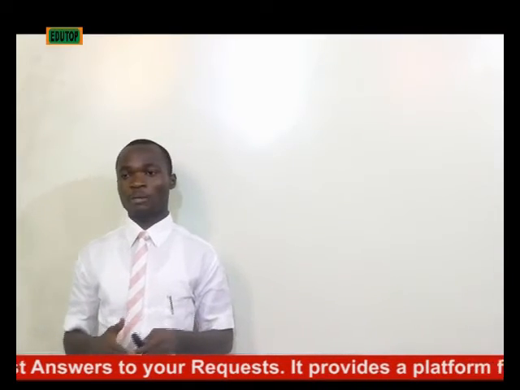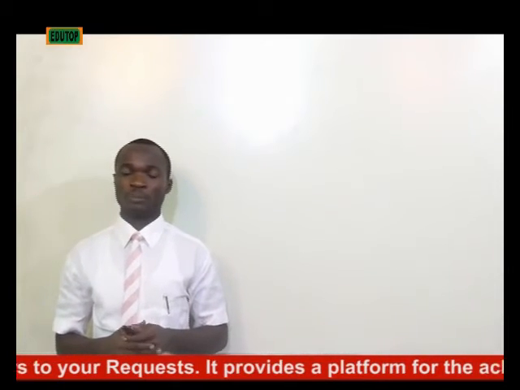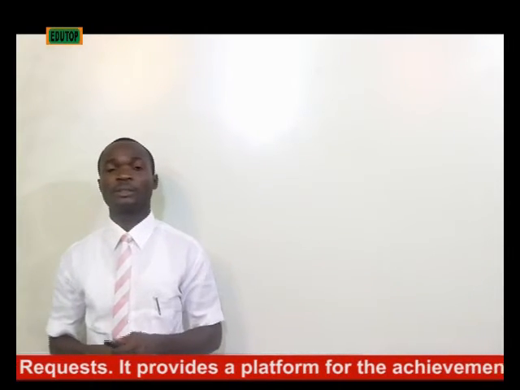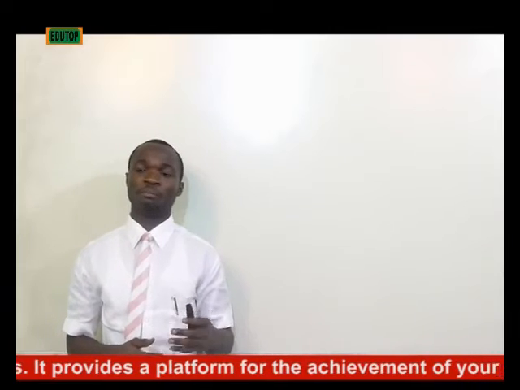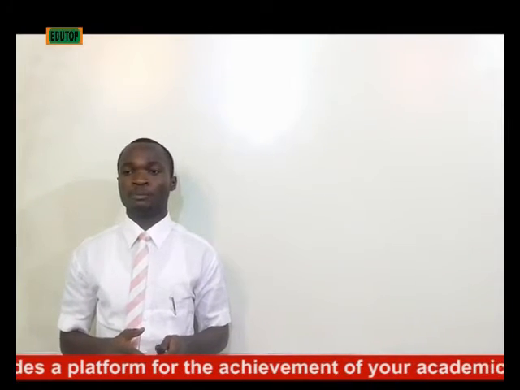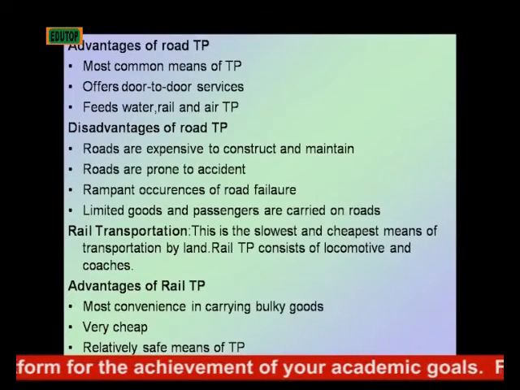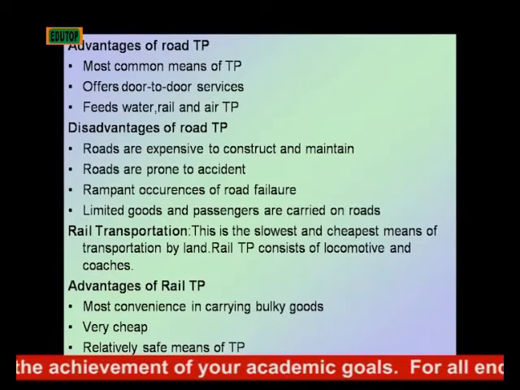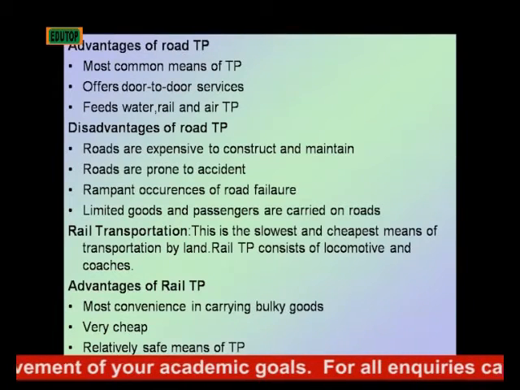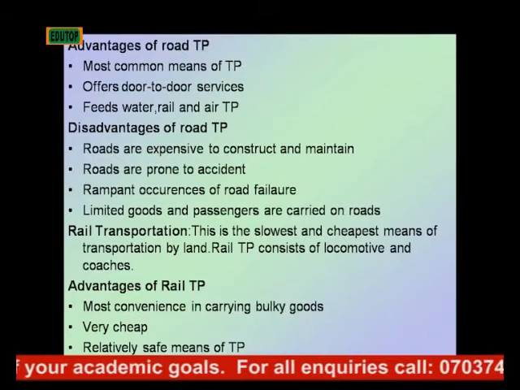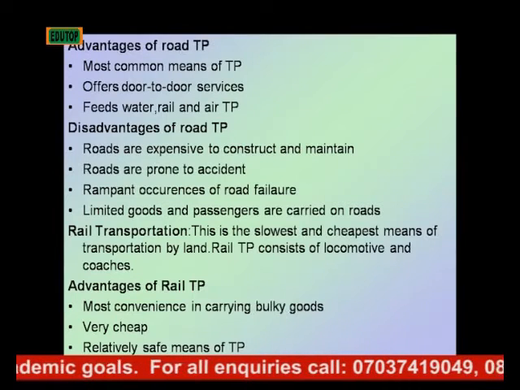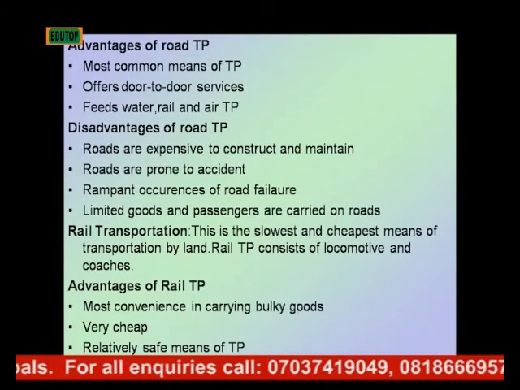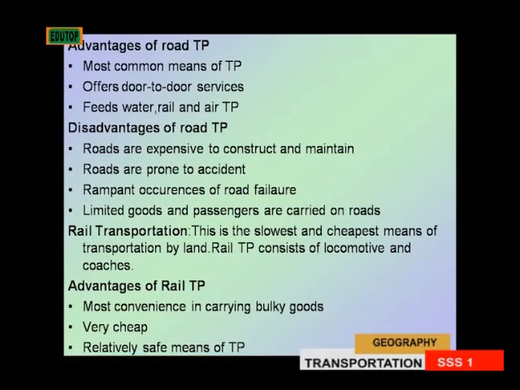Okay, now let's talk about rail transportation. We'll also look at its advantages and disadvantages. Rail transportation is the slowest and cheapest means of transportation by land. Rail transportation consists of a locomotive and coaches.